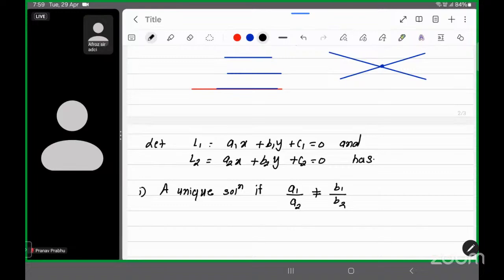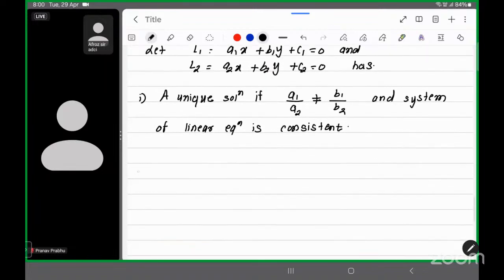Then it has a unique solution, and the system of linear equations is consistent.